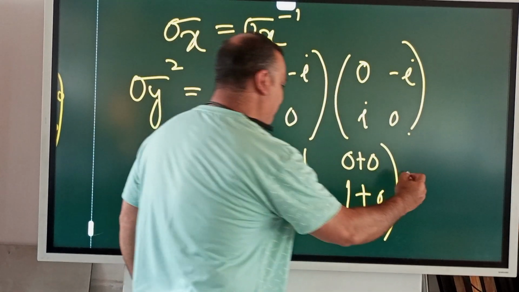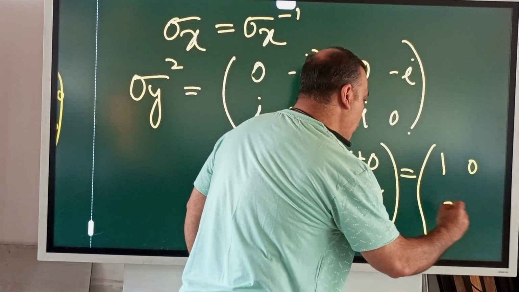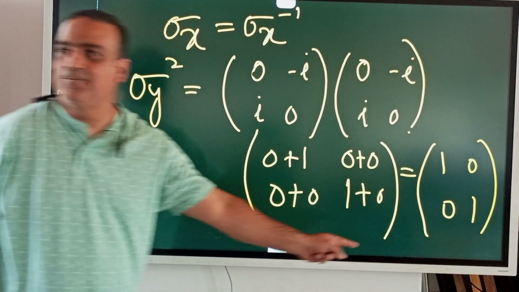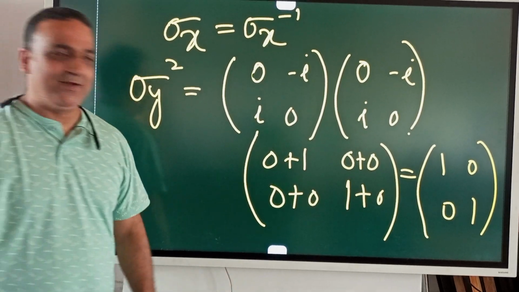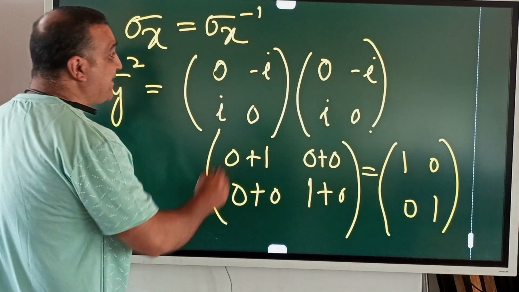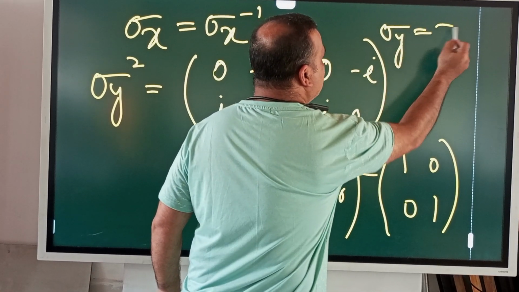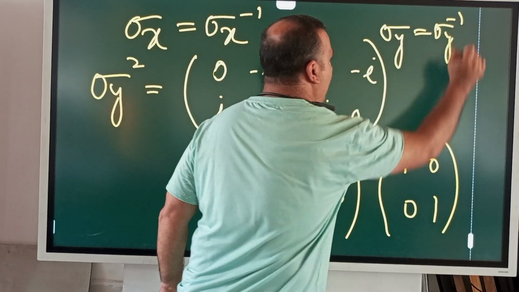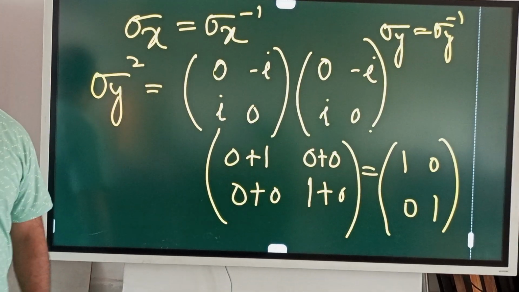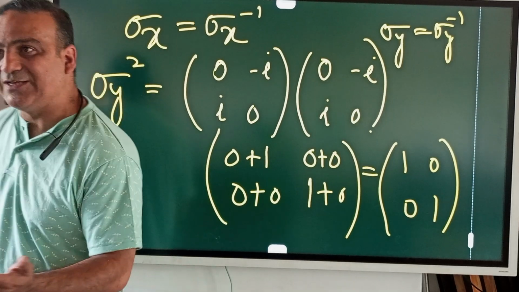So what you are getting is 1, 0, 0 and 1. What is it? It's an identity matrix, right? So you can simply say that sigma y is equal to sigma y inverse. I think you can obtain the same thing for sigma z.